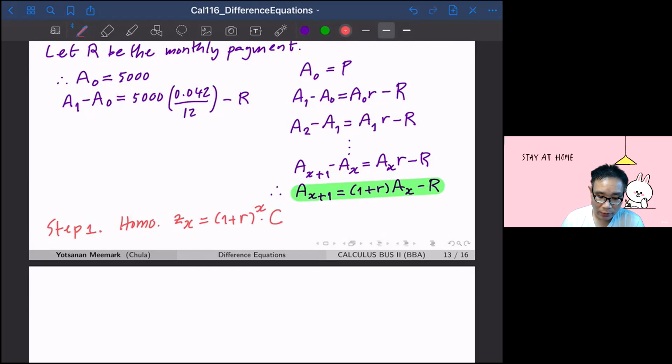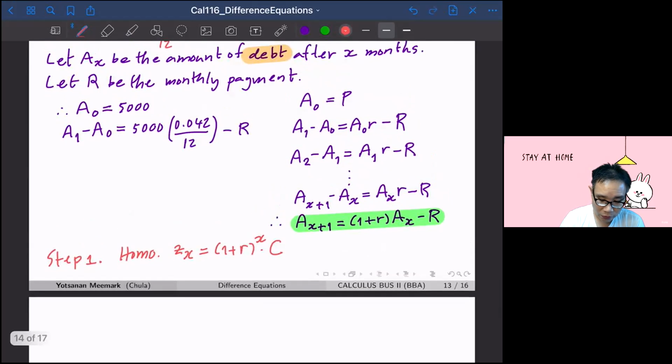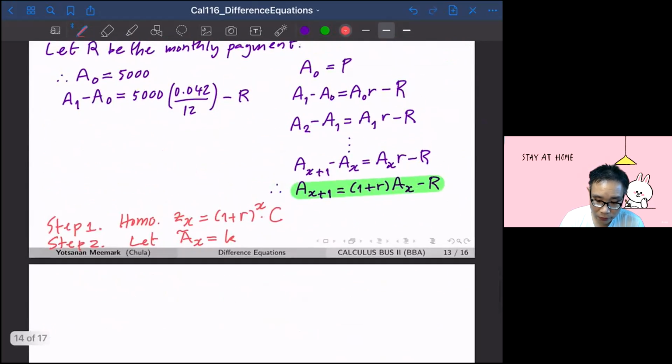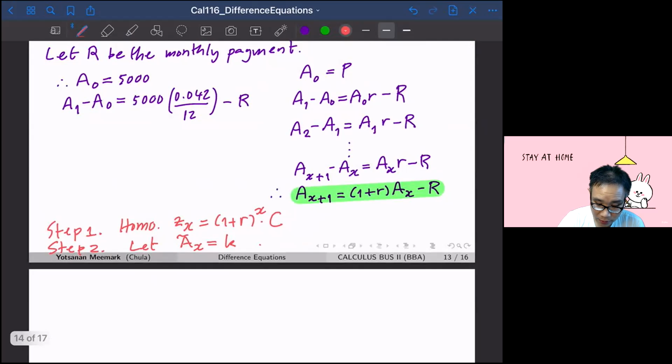Okay, and you have your step 2. So you're going to let A(x) be a constant k. Okay, and you see that you have your constant k. So you're going to have A(x+1) will be k.